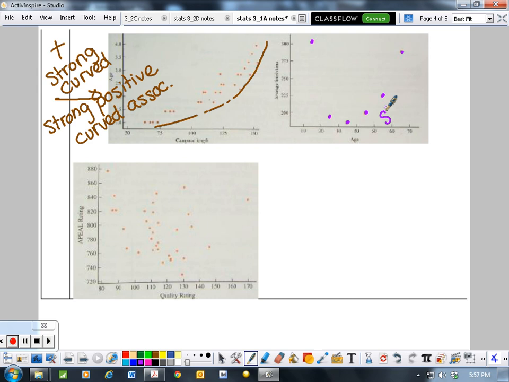So I would call this a strong, curved, and it goes down and then it goes up. I'm going to say that it's usually positive association.